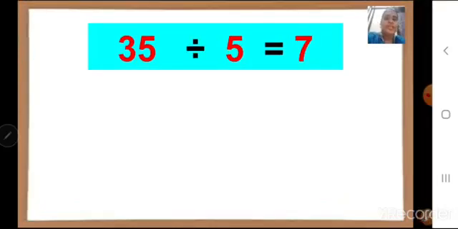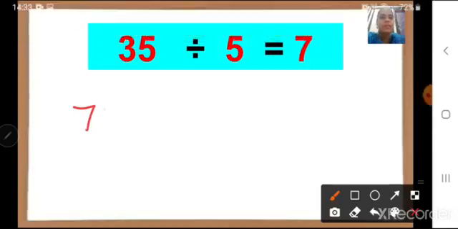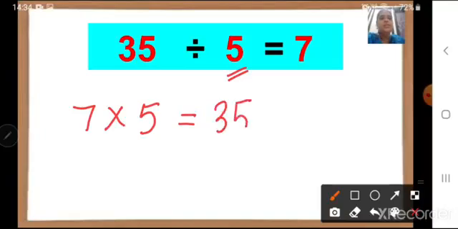Now, for example, if a division is given to us and we want to write the multiplication fact, how will we write it? We are going to write it in this way. First, we will write the quotient, which is number 7, multiplied by, because it is a multiplication fact, number 5, which is equal to 35.